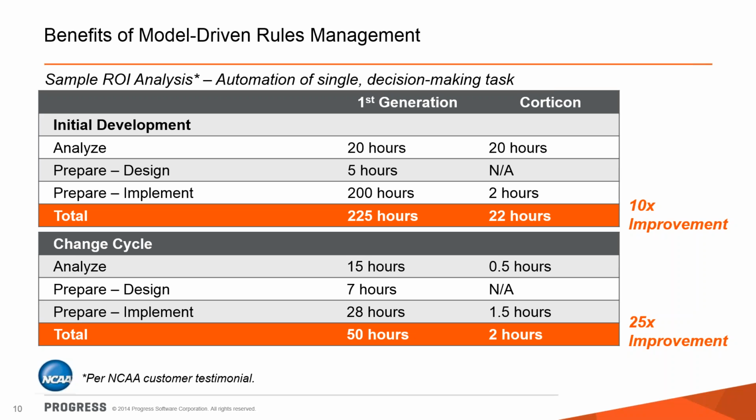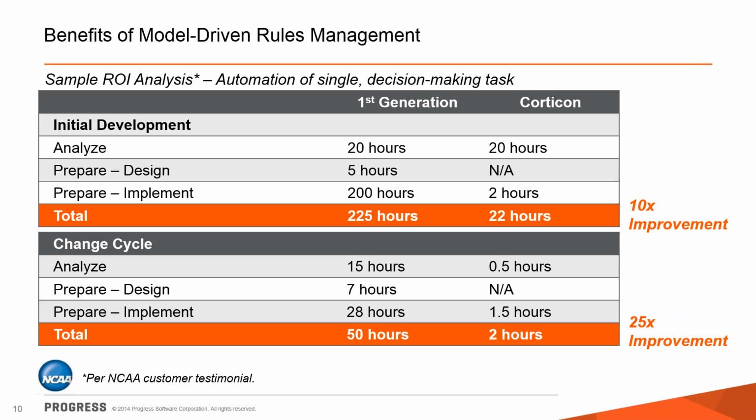And what they said was, if you look at the initial development approach, for a person that's never really coded anything, and a person that's never used Corticon before, there's a 10 times improvement in how much time it takes for those people to write that exact same rule in the form of code versus Corticon.